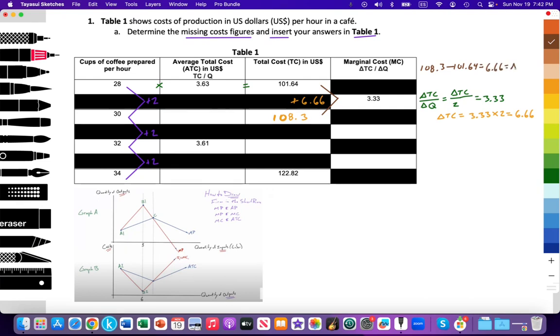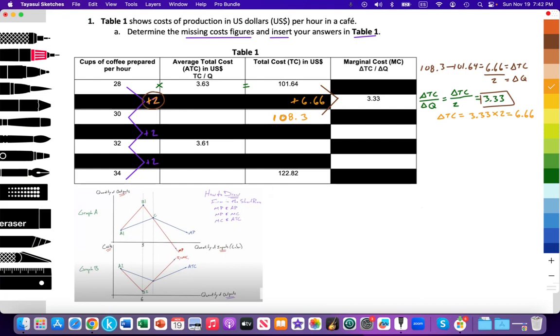So that's equal to the change in the total cost, but I have to divide that by 2 because that will be equal to the change in the quantity of output. So that all works out to 3.33. So that's how we got to that answer. Okay, because we have this value here. We use the same color so we really see that. We have a change. 6.66 divided by 2 equals 3.33.